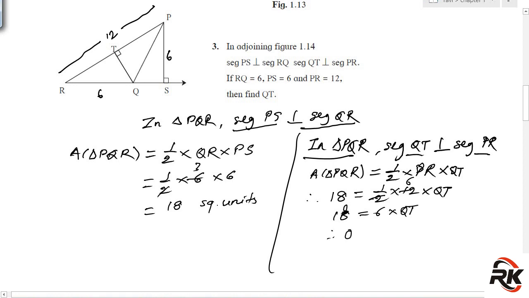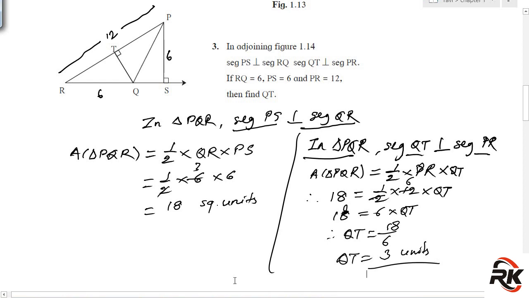Therefore QT is equal to 18 upon 6, means QT is equal to 3 units. This is the answer. This is example number 3.